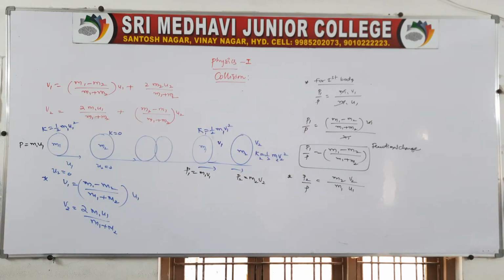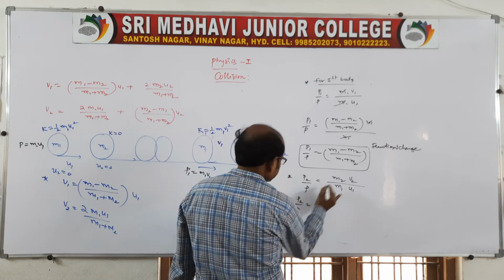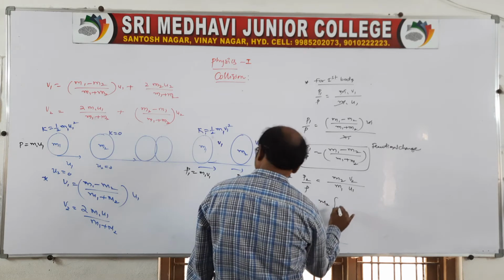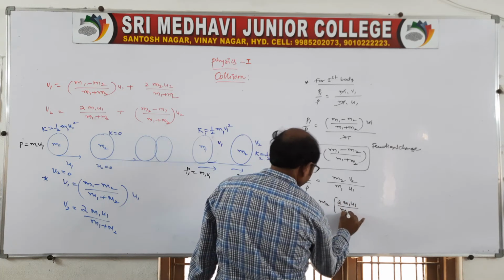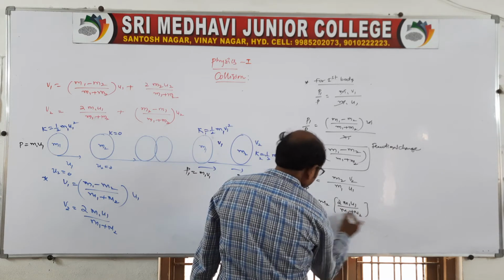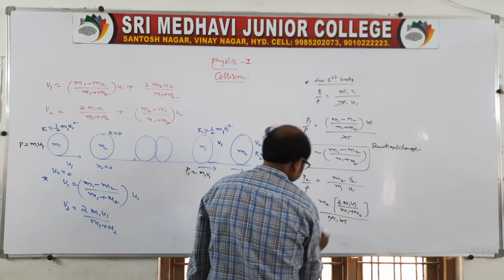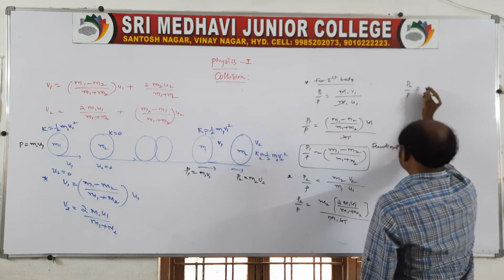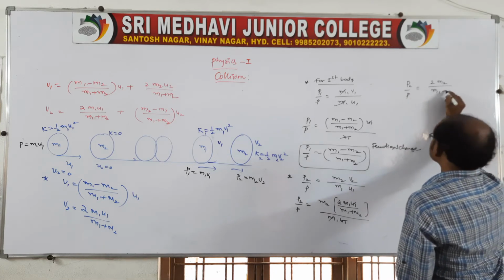Here again you write this value, p2 by p is equal to m2, and your v2 will be 2 m1 u1 by m1 plus m2 whole divided by m1 u1, m1 cancels. So p2 by p is 2 m2 by m1 plus m2.